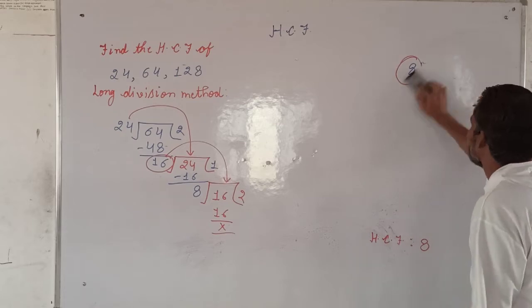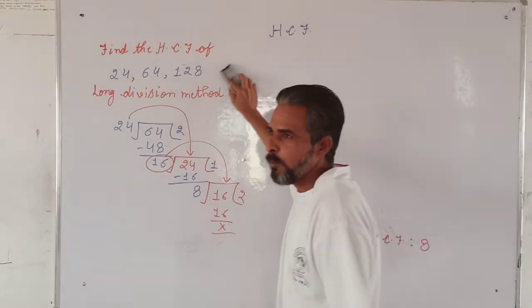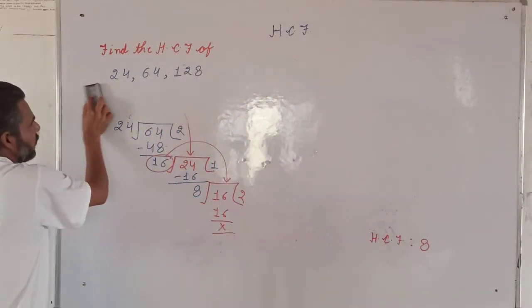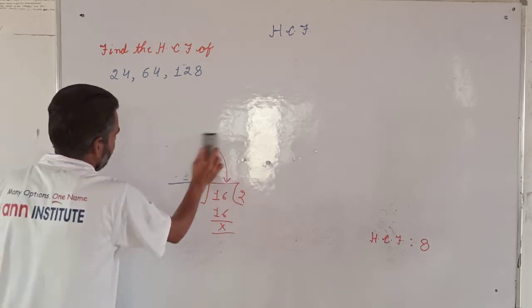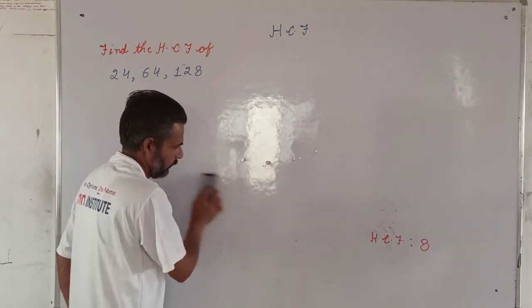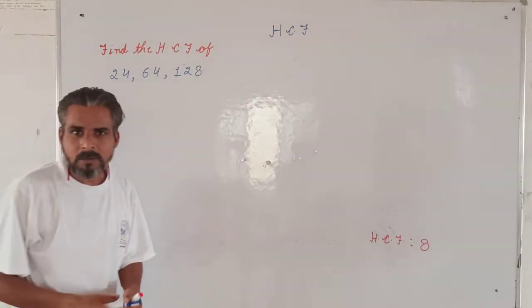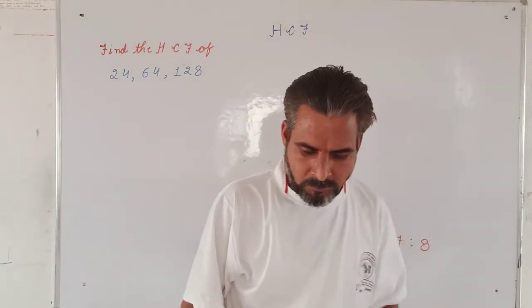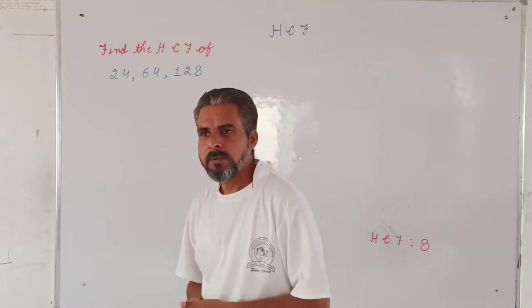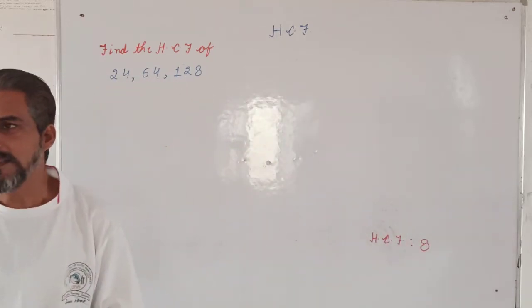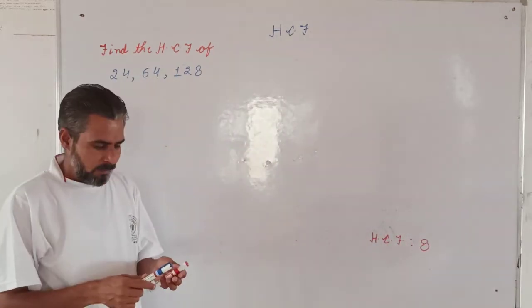You should think, as I am clearing the board, what is the name of that method. Whether you recall the name of the third method or not, I am telling you the name of the third method. That is the division by the common factor.